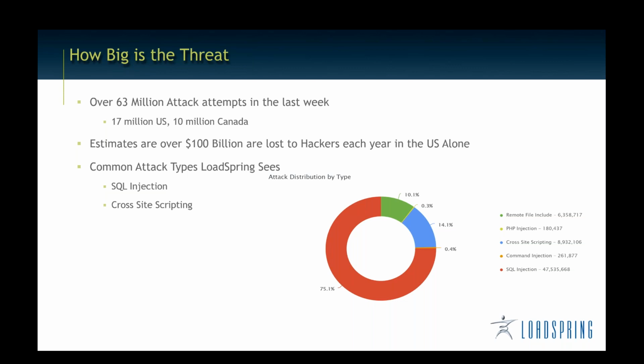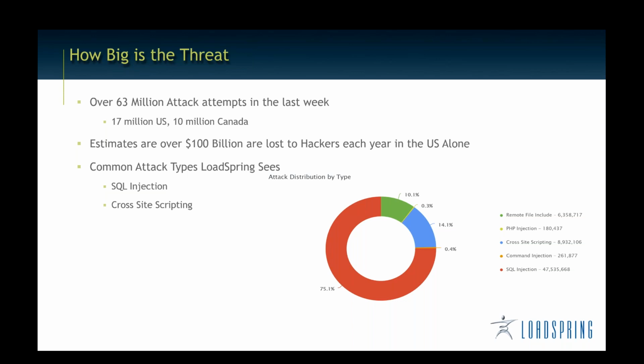In the US alone, estimates are that over $100 billion is lost every year to hackers through paying for security, as well as exploits, as well as recovering from attacks. So it's really a big challenge for every technology company on the planet today, or every company, I should say.